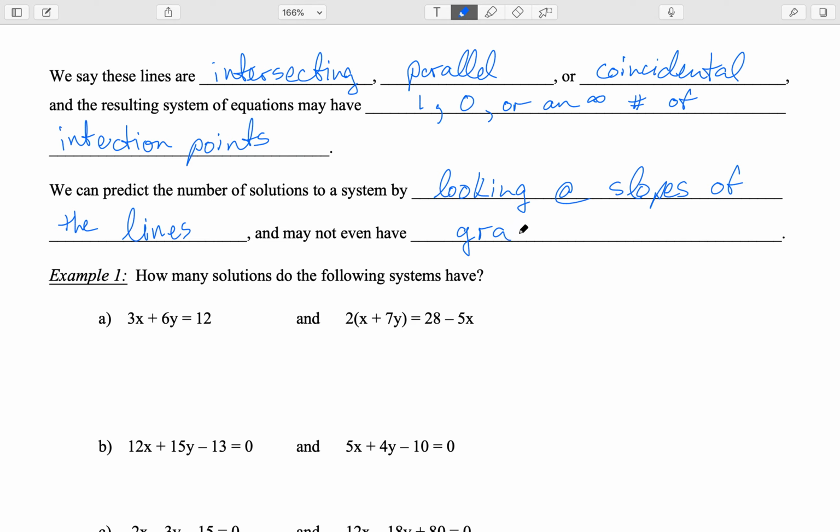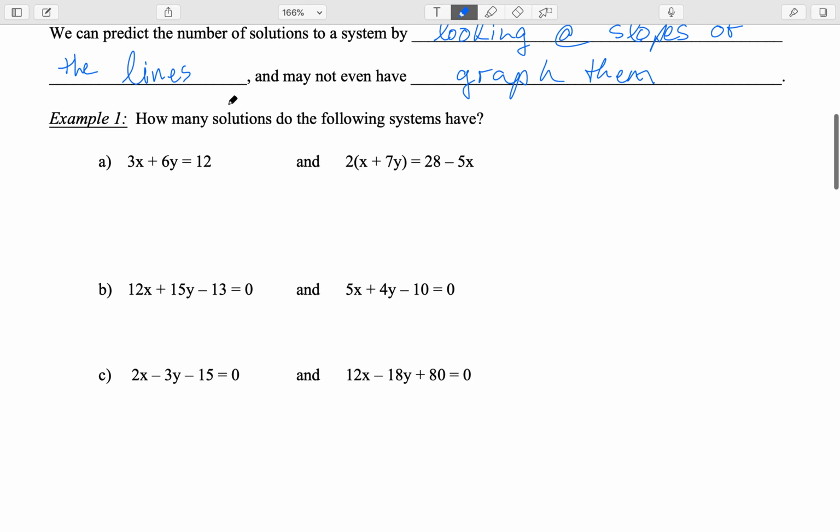If you can figure it out, you may not even have to graph them in order to say, hang on, I know there's one solution or two solutions or no solutions. Okay, so hang on, let's figure this out. How many solutions? Now, it doesn't say find the solutions. It just says how many. Is it 1? Is it 0? Or is it an infinity? Let's figure that out.